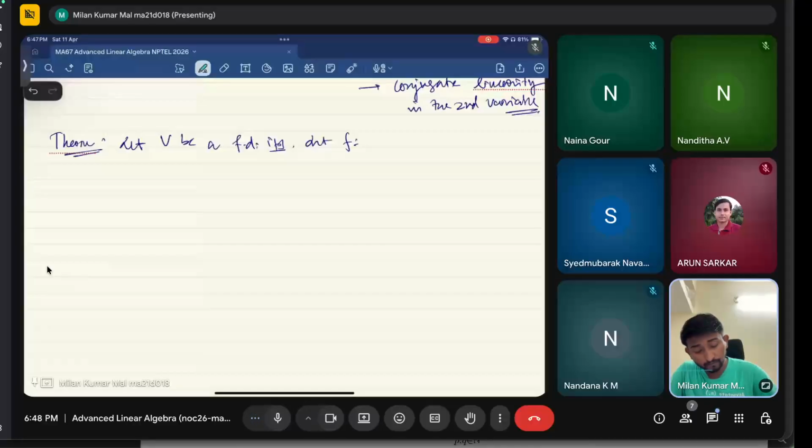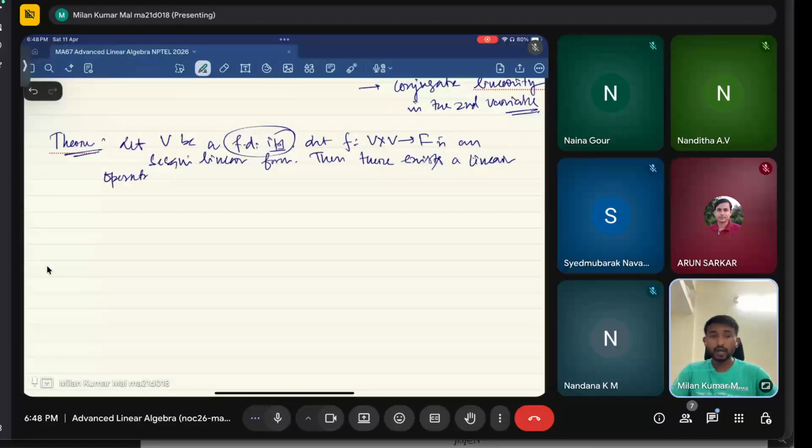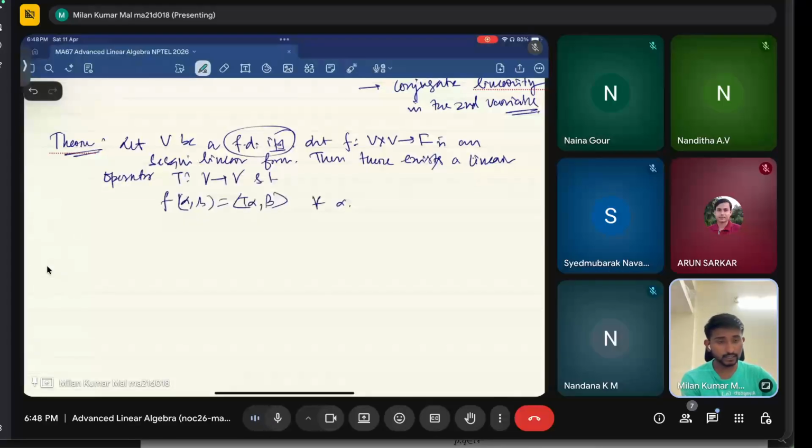Then there exists a linear operator T from V to V such that f of alpha beta is equal to the inner product of T alpha with beta. This should hold for all alpha, beta coming from the vector space V. I am not proving this right now. If you think I should prove it, you can ask me and I'll try, but right now I'm avoiding the proof and using this as a theorem.